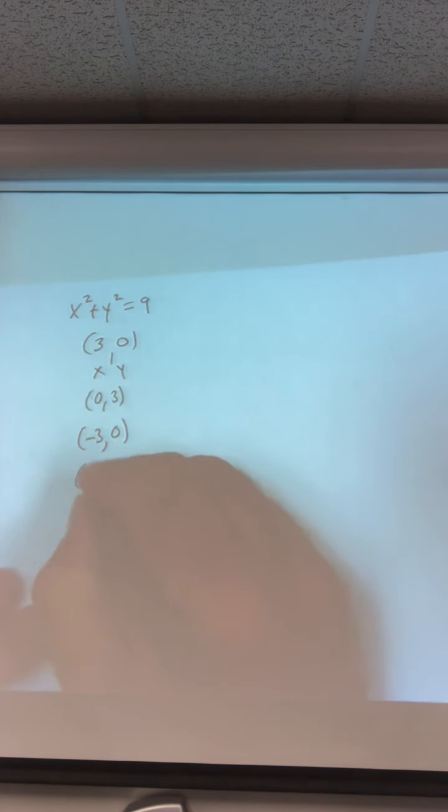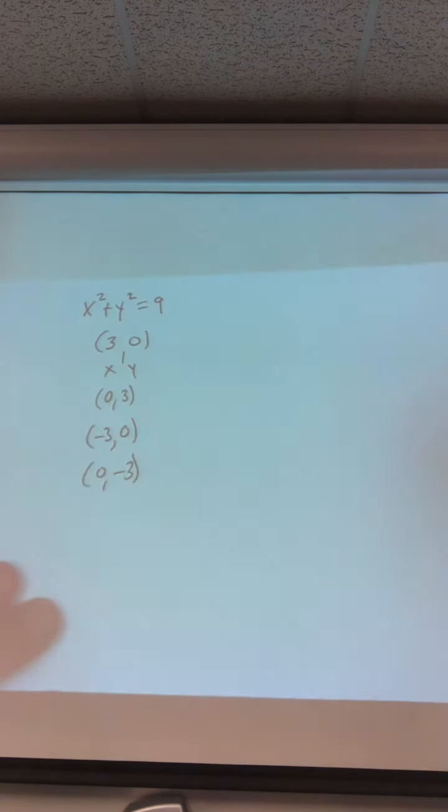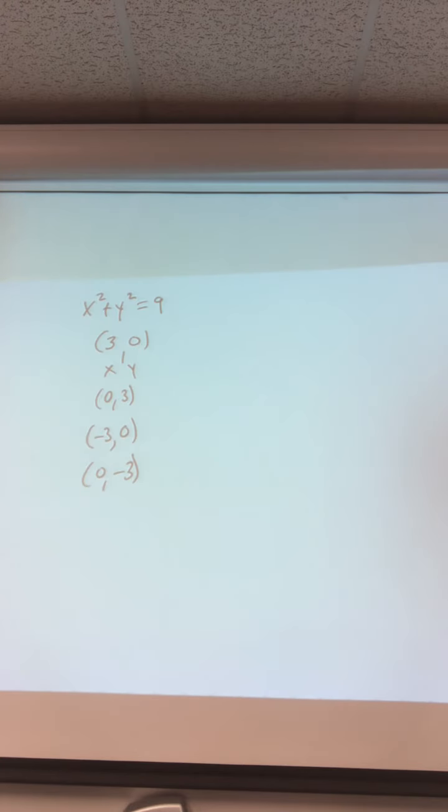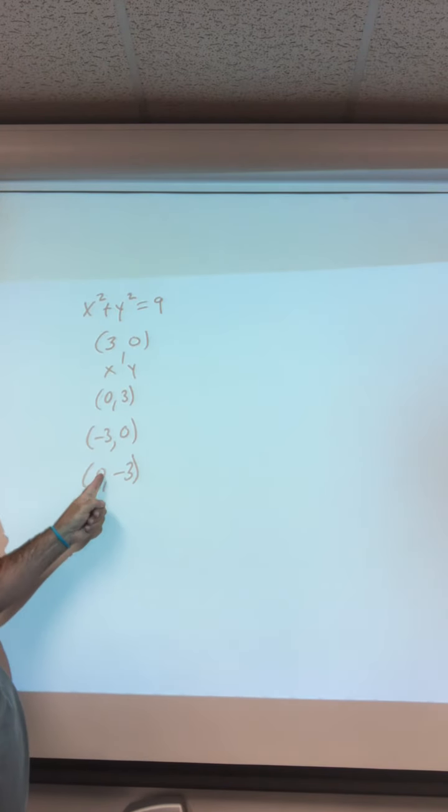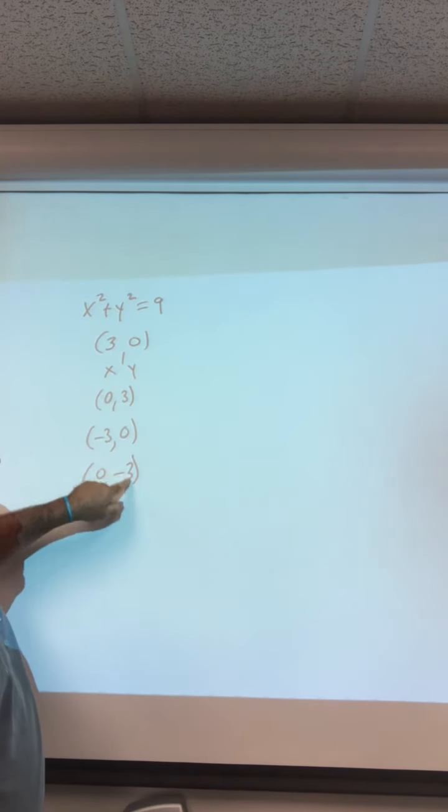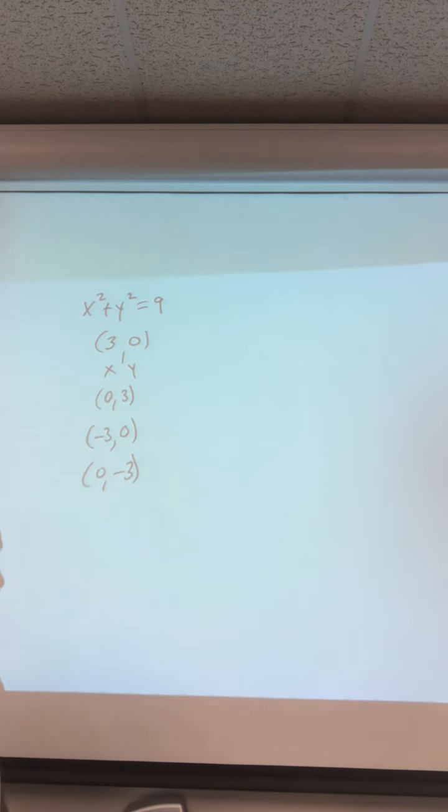Now, what about 0, negative 3? That works too, because what is 0 squared? 0. Plus, what's negative 3 squared? 9. And 0 plus 9 is 9.